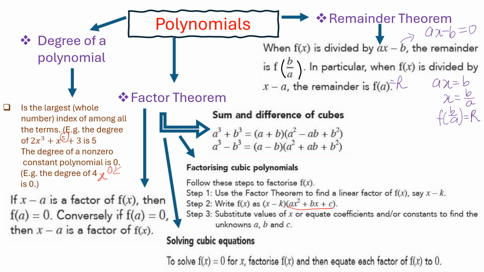And of course, we also need to know how to solve cubic equations. We do that after factorizing the cubic polynomial, equating it to 0 to find the values of x that satisfy the cubic equation. So these are the concepts needed in this chapter, polynomials.